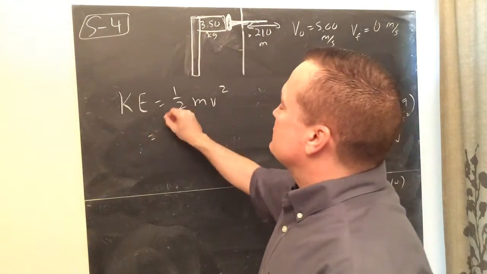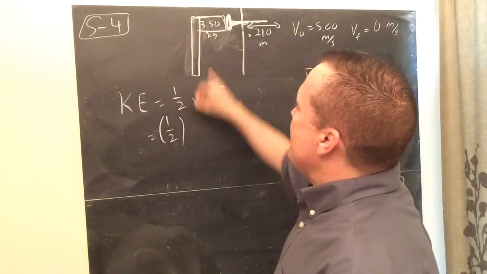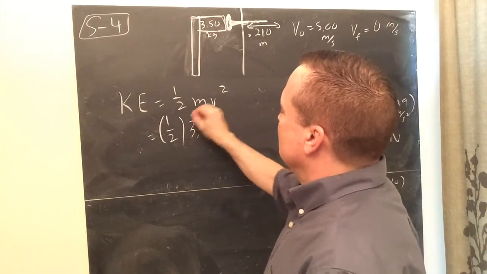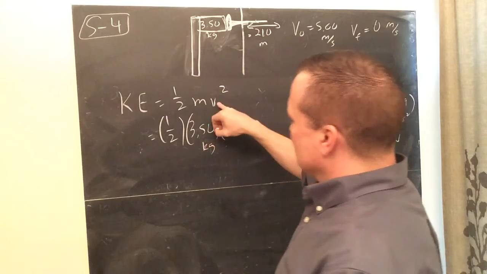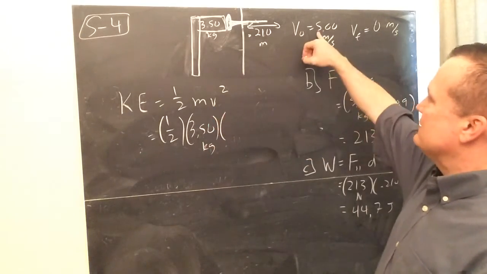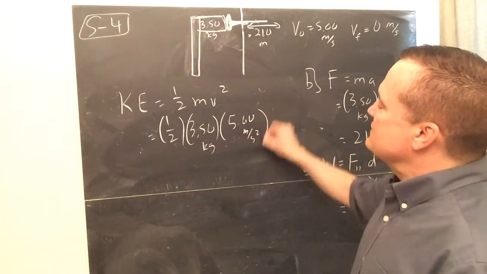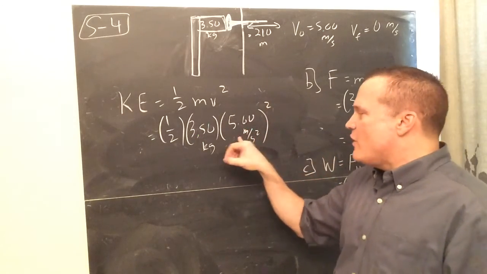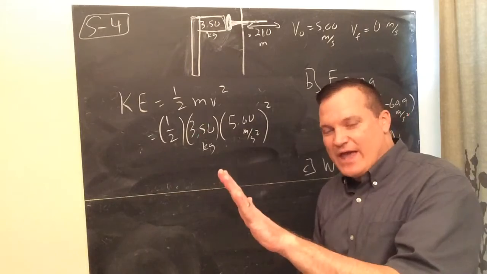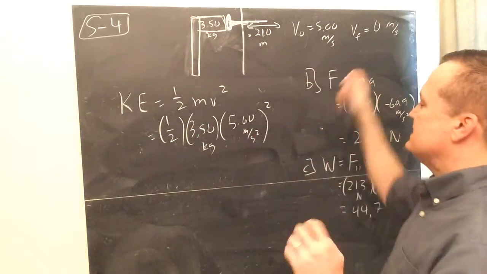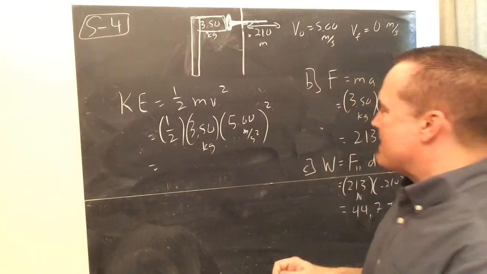Kinetic energy is equal to 1/2 times the mass, which is 3.50 kilograms, times the velocity squared. It was moving at 5 meters per second. So if all of this energy, if it completely comes to rest, going from 5 to 0, it should have the same amount of energy.